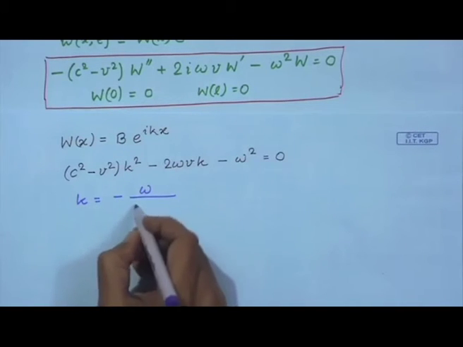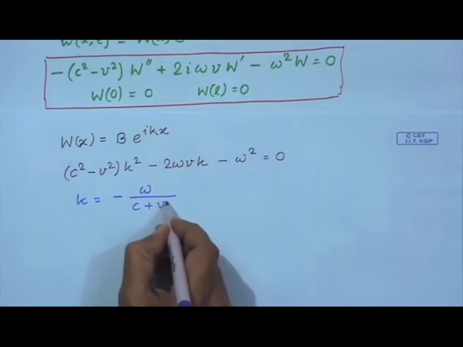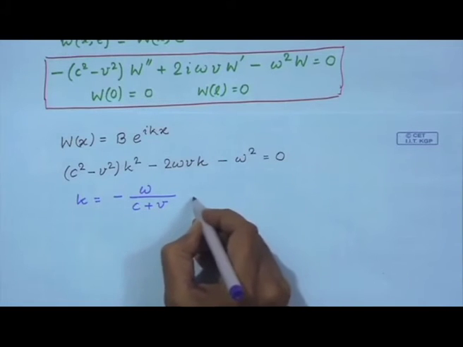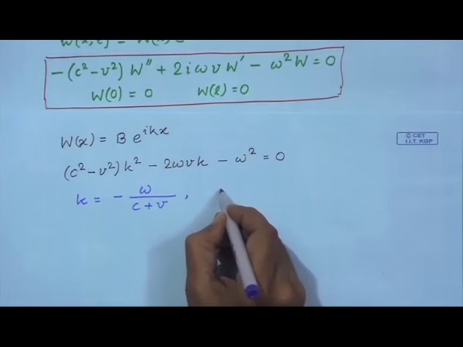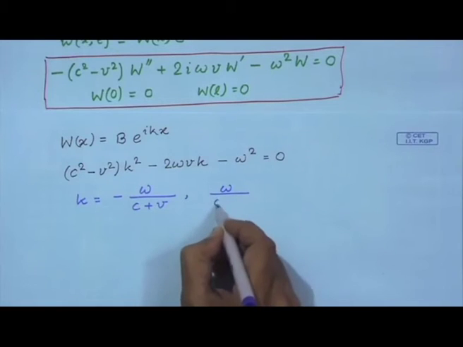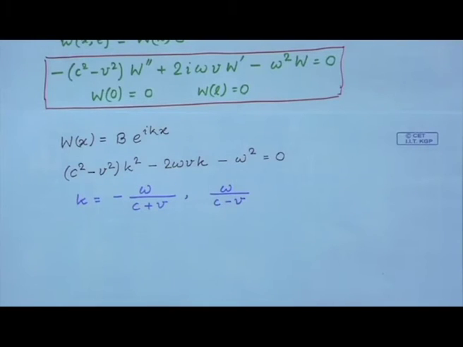What we obtain are these two solutions of k. So, from this quadratic polynomial we obtain these two solutions.